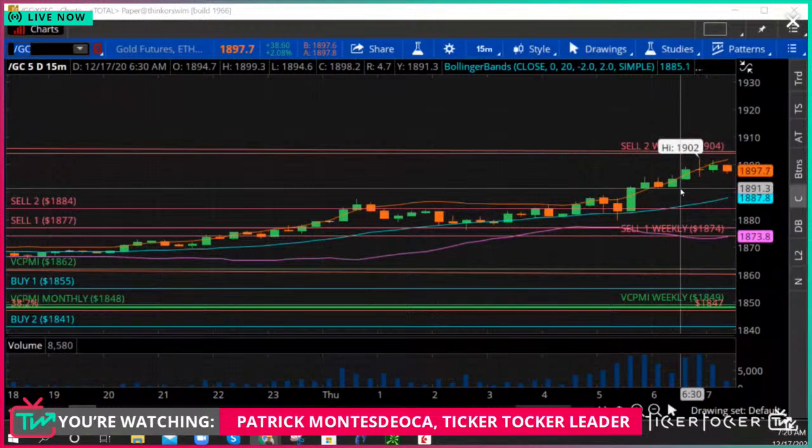Right now, the market is entering into a highly emotional level. The 1900 handle, if you recall, was the breakout before we ran up to 2089.